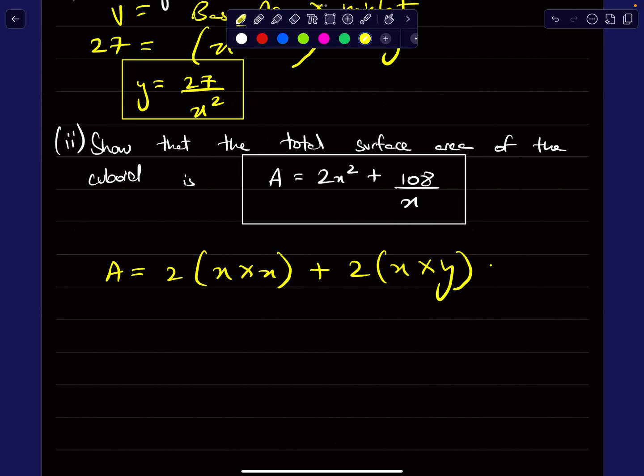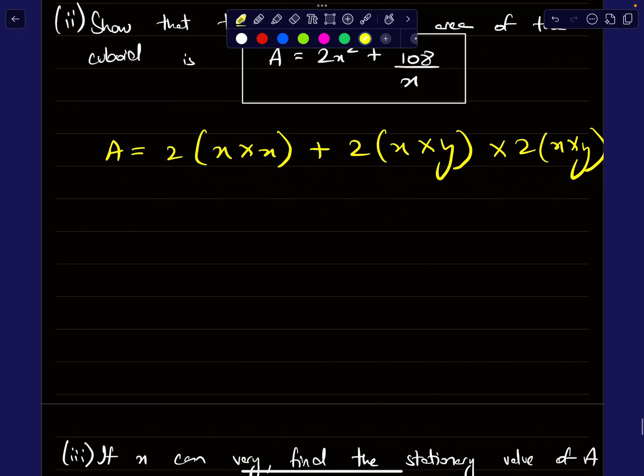Notice that it's 2 into all possible combinations. You must know the formula by now. And thus, after simplifying, I'll have 2x squared plus 4xy.